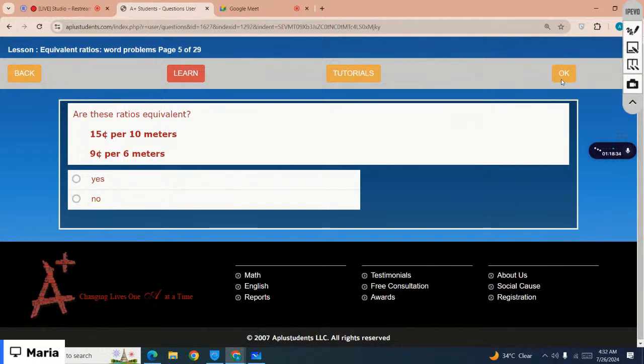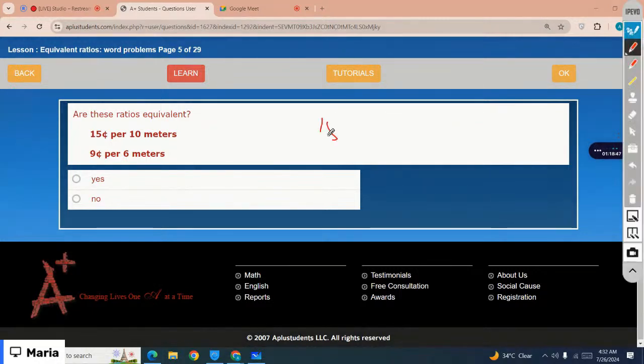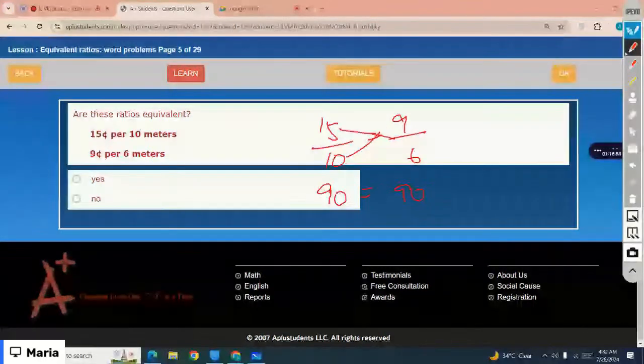They are equivalent. The correct option is yes, they are equivalent. How? Let me just explain. That 15 to 10 and 9 to 6. So 10 times... they are equivalent. The correct option.